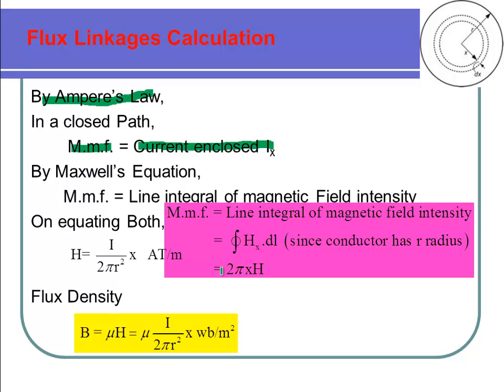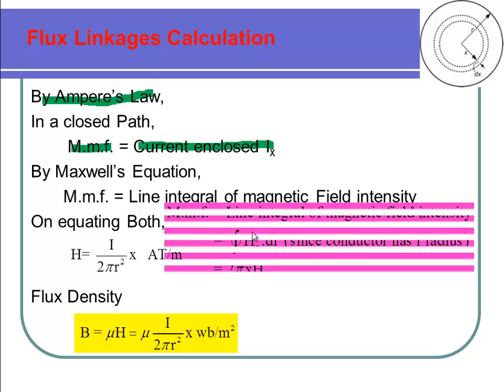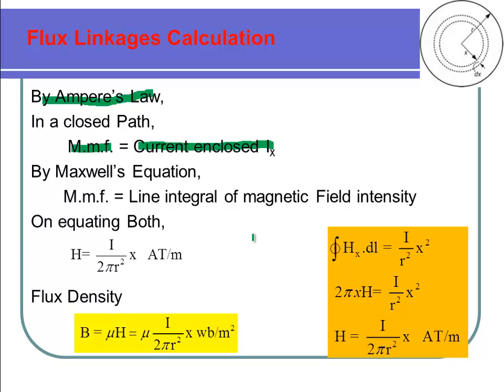This we can represent as 2 pi x into H. If we equate these two MMFs, we get the final equation H equals I into x by 2 pi r square, ampere turns per meter. We are calculating the field strength: magnetic field strength is equal to I into x by 2 pi r square.